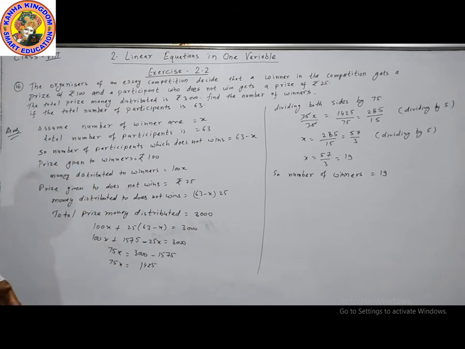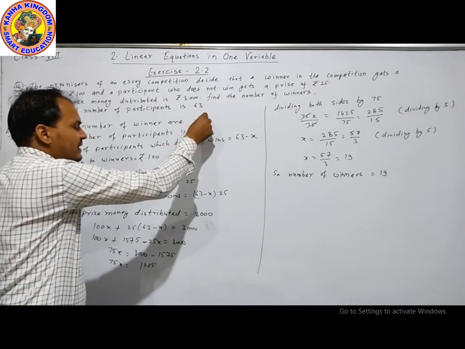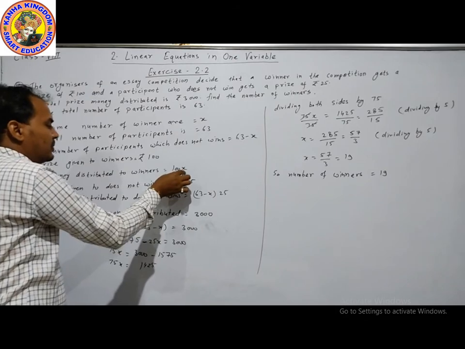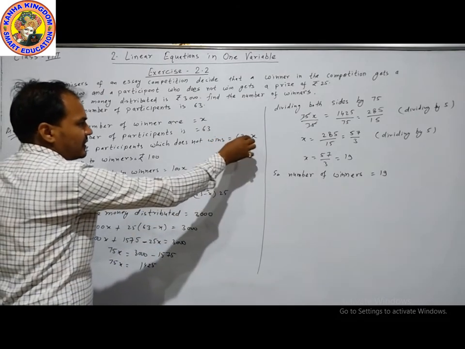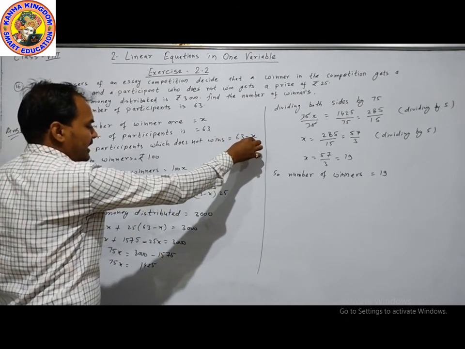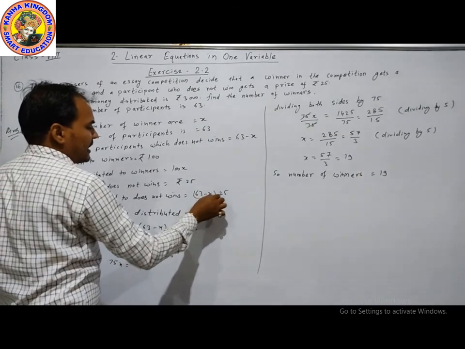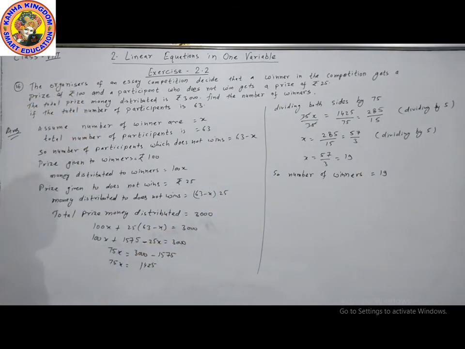The prize given to a winner is 100 rupees. There are X winners, so the total money to winners is 100X. The prize money given to those who do not win is 25. Then the total prize money for those who do not win is 63 minus X into 25. The total prize money distributed among winners and losers is 3000.